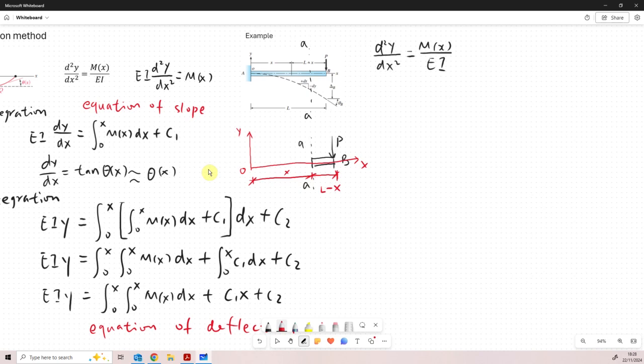Now we want to know the bending moment on this beam. If we draw the bending moment, it is M.